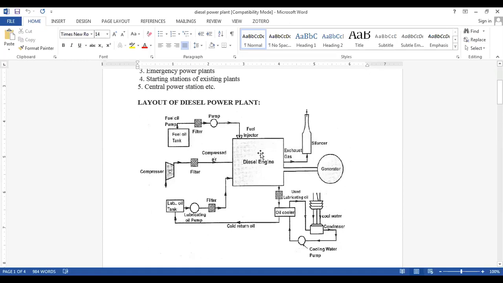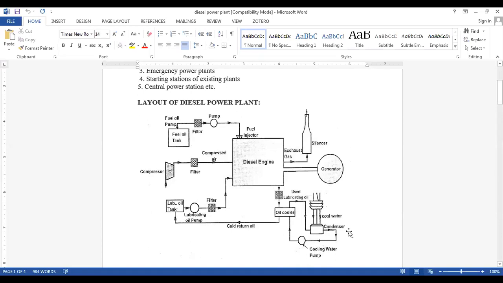entered into the diesel engine. As the temperature inside the diesel engine is very high, to control that high temperature there are air coolers, and this cooling system. The cooling system includes the cooling water pump and condenser.